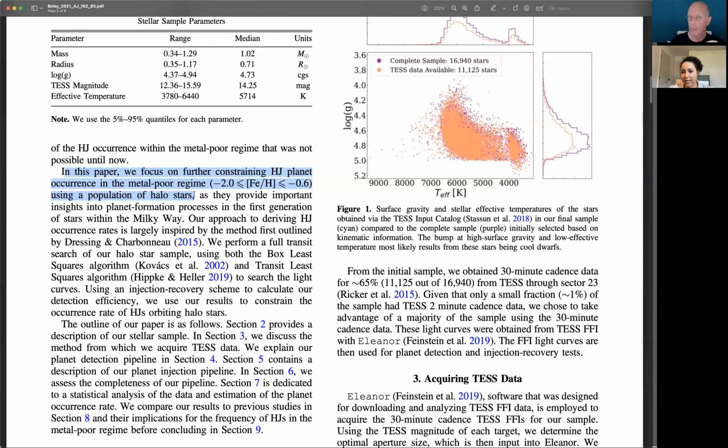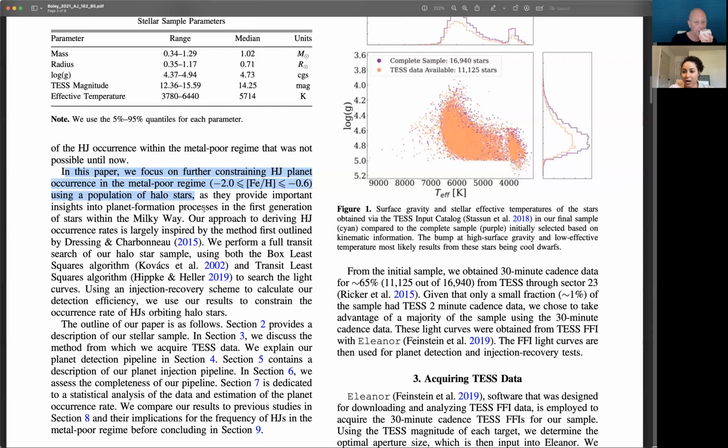To give you an idea of that population study, the median metallicity was around negative 1.2, almost negative 1.3. So extremely metal poor when you're thinking about planet formation.